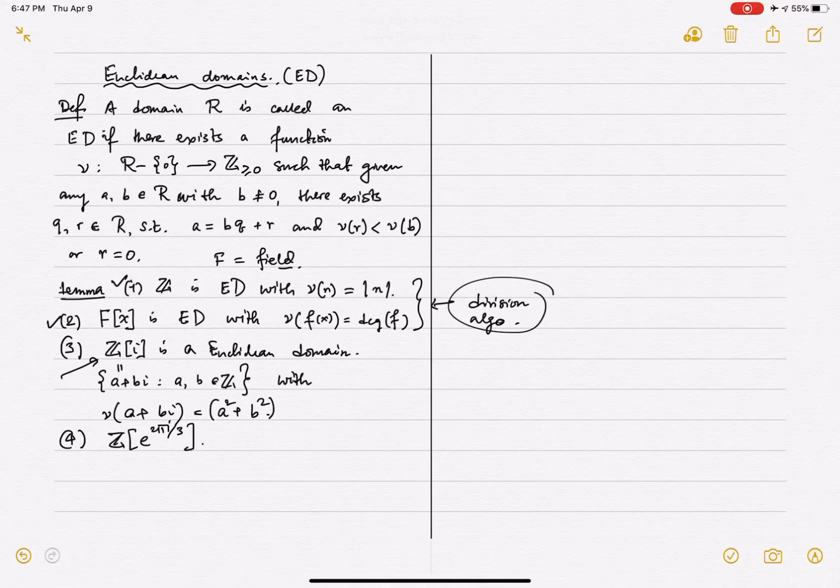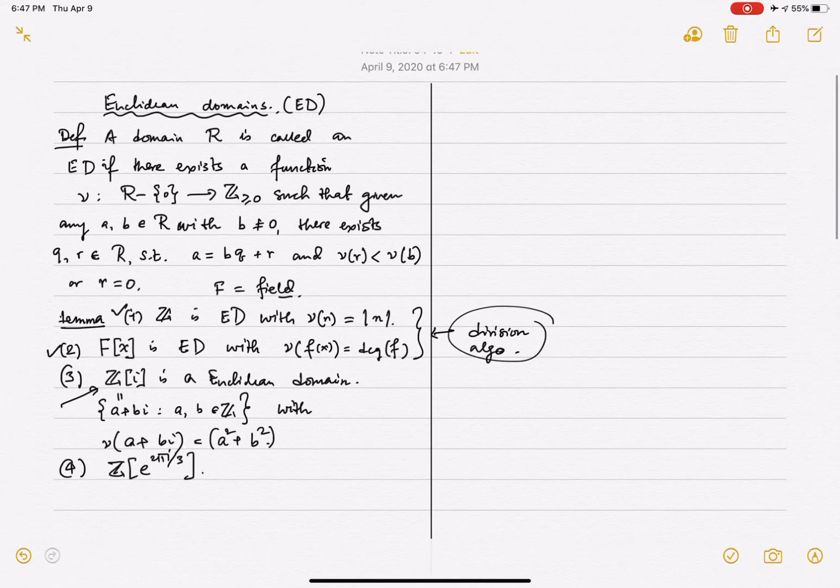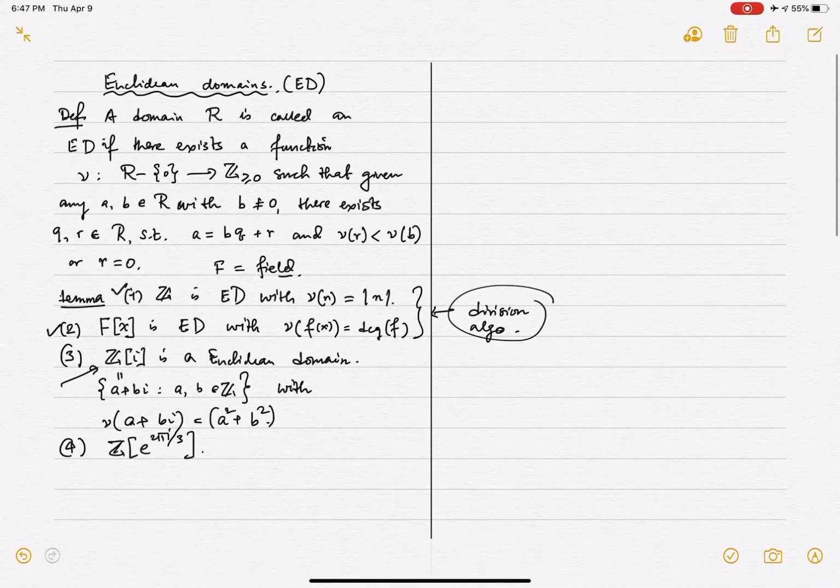The theorem that I want to state, pretty much the only thing that I want to state about them, maybe this we'll prove in a little bit. We'll play with Z[i] a little bit maybe in the next video. Let me state the theorem that I want now. That every Euclidean domain is a PID.